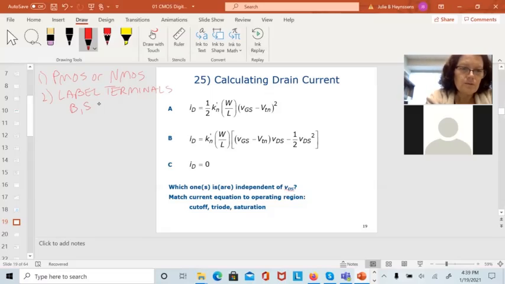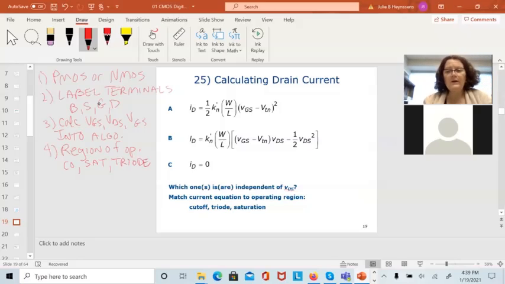Then we need to calculate VGS, VDS, and maybe VGD if it's PMOS, and put it into that little algorithm that I just showed you. And we can figure out the region of operation. Is it in cutoff? Is it in saturation? Or is it in triode?